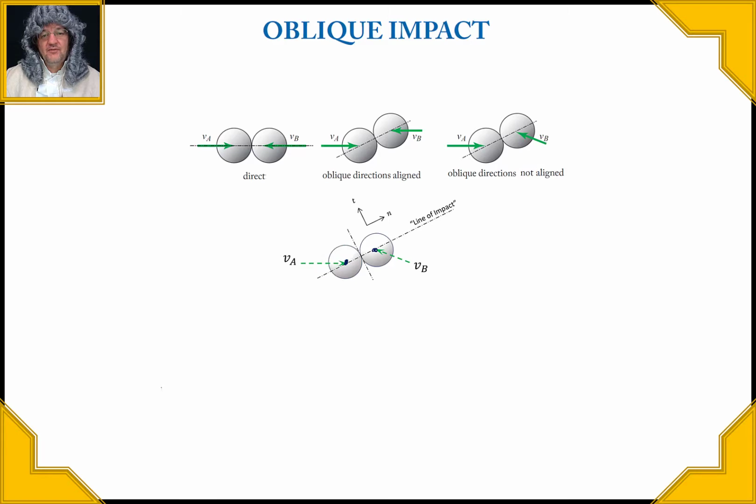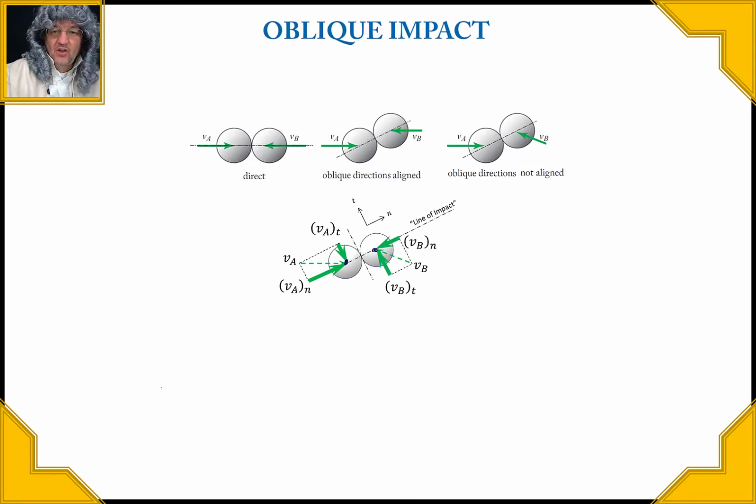Then for whatever velocity the particle has, you want to break the velocity into those components, so you need to figure out what those angles are. You can see how along this line of impact is actually a direct central impact of these two pieces.